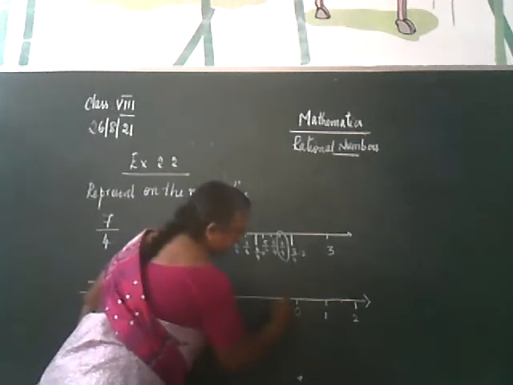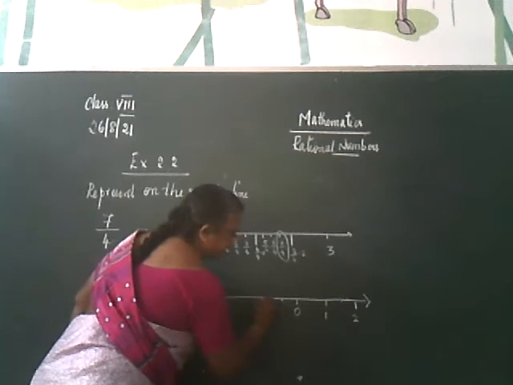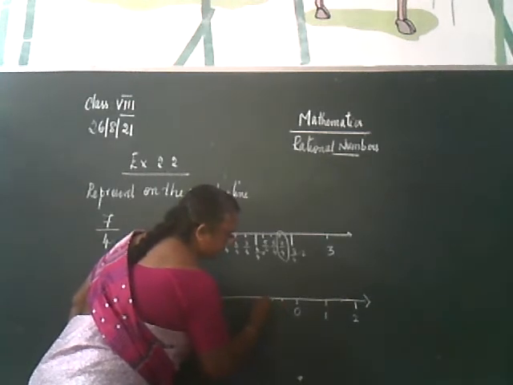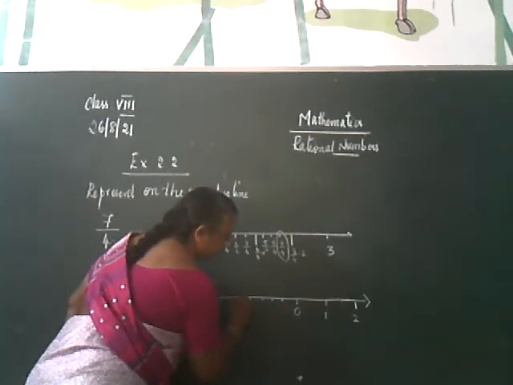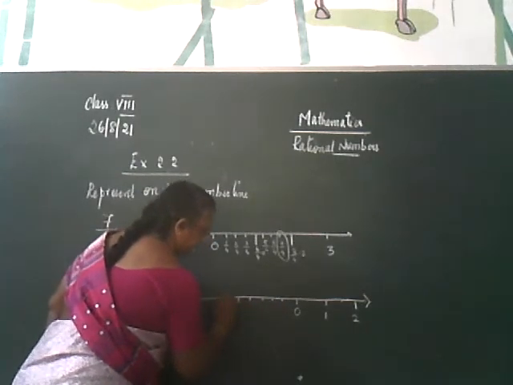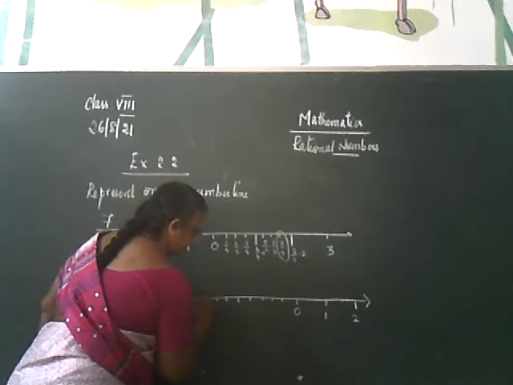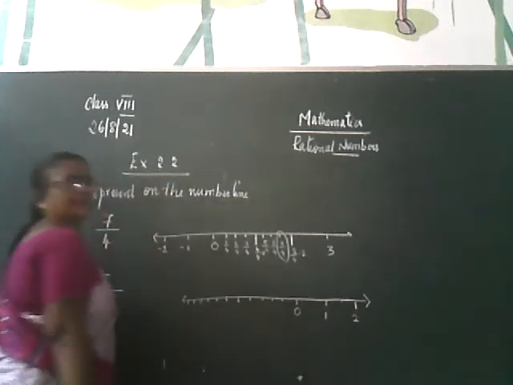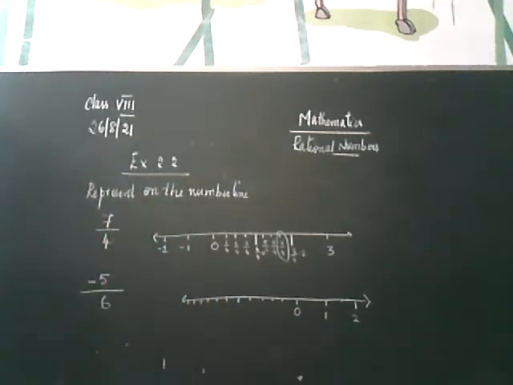So the first part is I should divide into 6 parts. 1, 2, 3, 4. So let me divide. Okay.